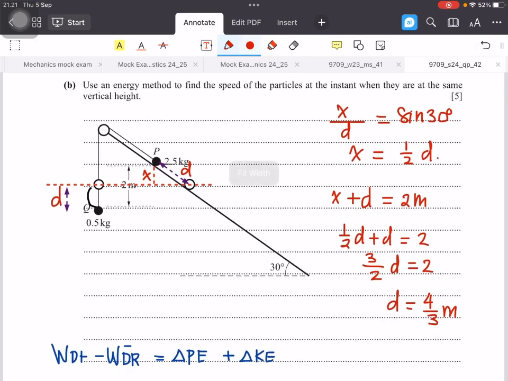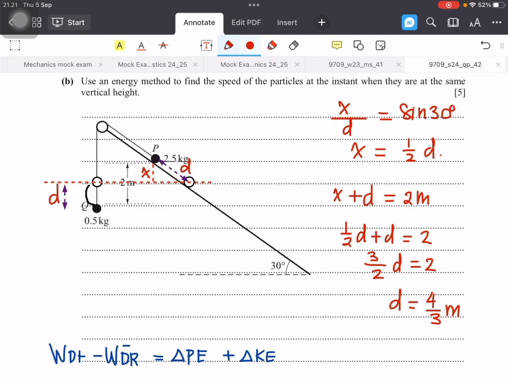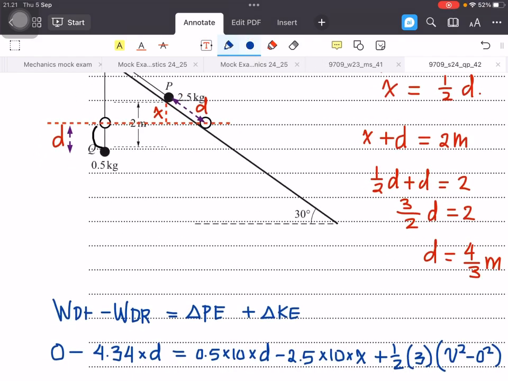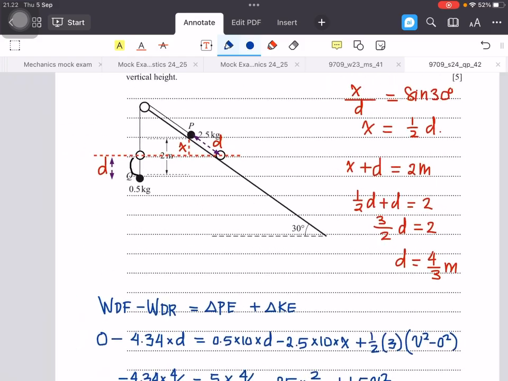Now the question asks us to use energy method to find the speed of the particles. So the formula that we use is this one. Work done by the driving force minus work done by the resistance is equal to the change in potential energy plus the change in kinetic energy.